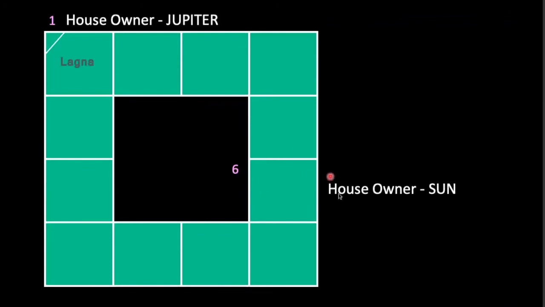Again, sixth house I've mentioned is employment. So you can pretty much understand that since the sun represents government, kingdom, or that was for the ancient analysis. Nowadays, we say kingdom as in government.